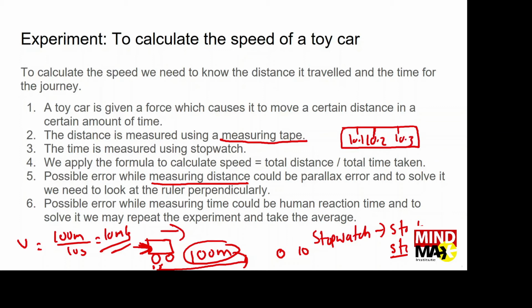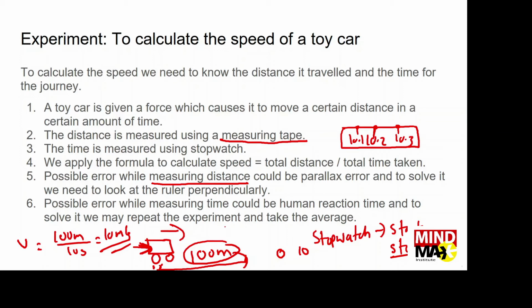Let's say the actual correct distance is 10.2, but since I'm looking at it from the side, I'm seeing 10.3. I'm overestimating it. Or if I'm looking from the other side, I actually see 10.1, even though my actual distance is 10.2. Since I'm looking sideways, from either left or right, I either underestimate or overestimate. So to get the perfect distance, I have to look at it directly, perpendicularly towards it, not from sideways. That will avoid the parallax error.